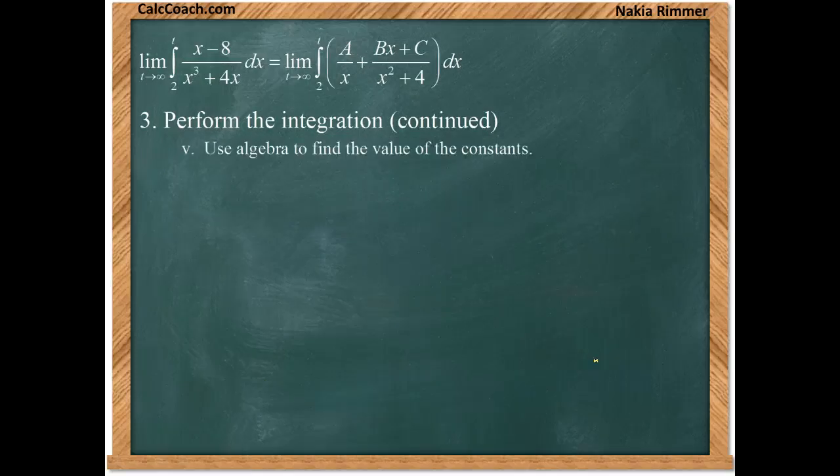So to do this, we have to use algebra. We have to act like what we're doing is putting together the fractions here. And so the a would get multiplied by x squared plus 4, the bx plus c would get multiplied by x to give us our original numerator of x minus 8.